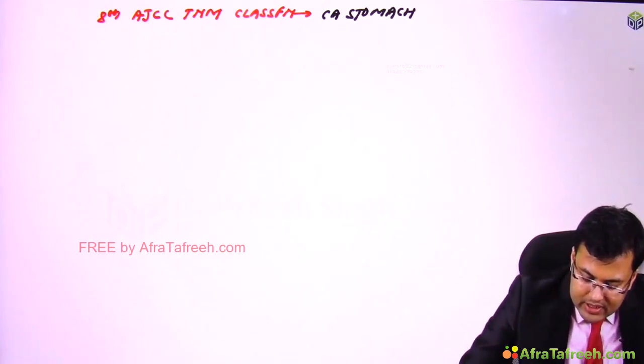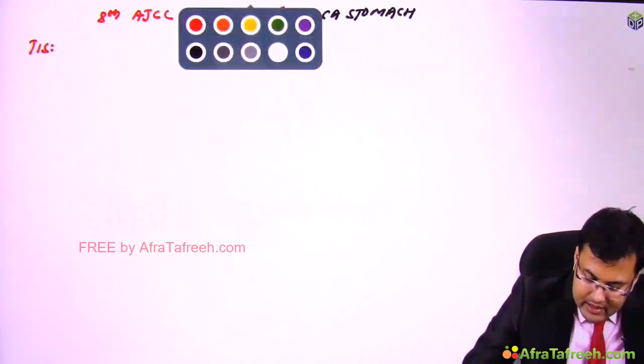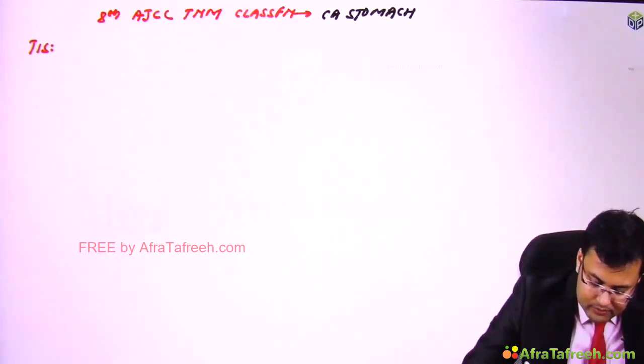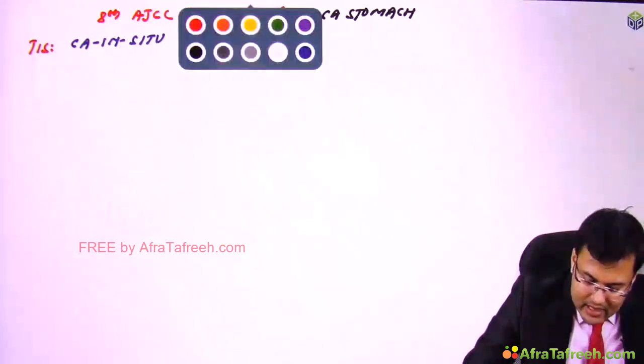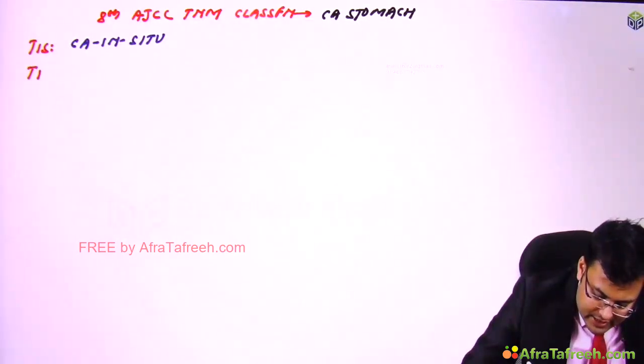So it's easy to understand. See, first is the Tis. Tis means carcinoma in situ. After that, there is T1a.